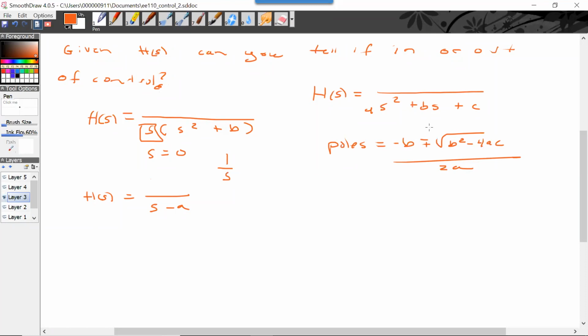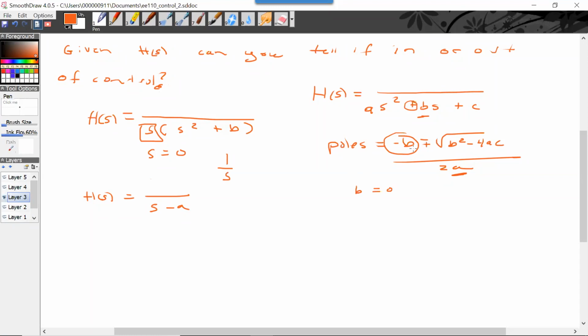If b was a negative number, or this sign was negative, then b would be positive and it would be out of control. In general, you assume the constants are positive and then there's a sign out there. But basically, if a is positive and c is positive and b is negative, you're going to get a positive root, right? But then what about if b is 0?